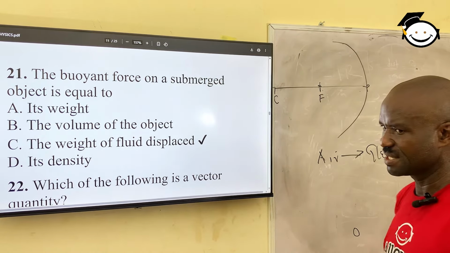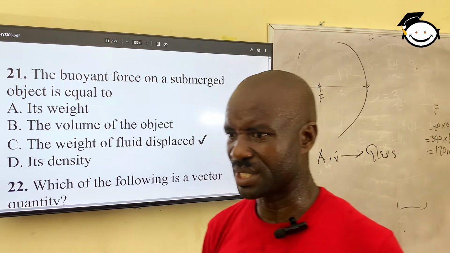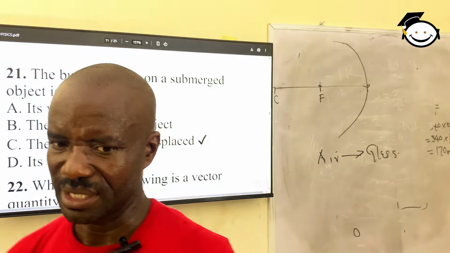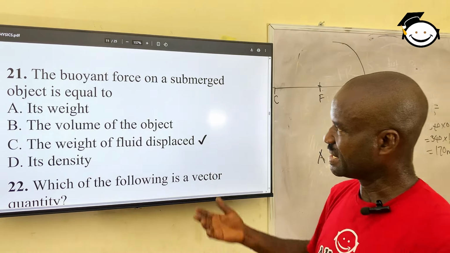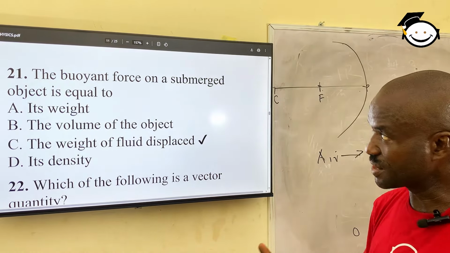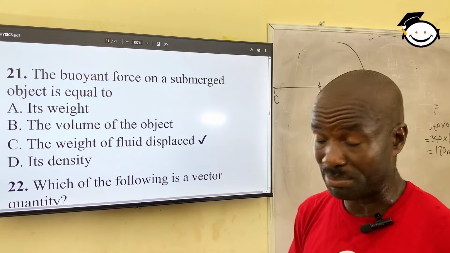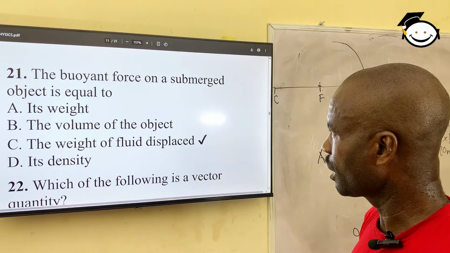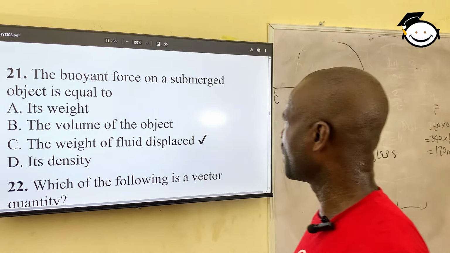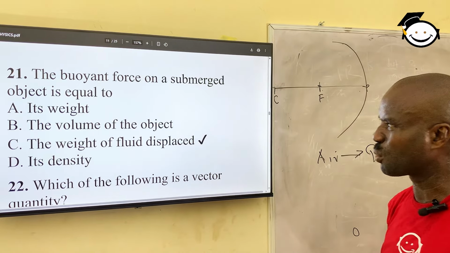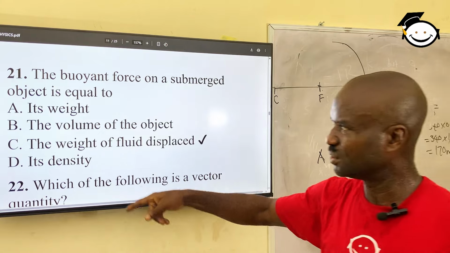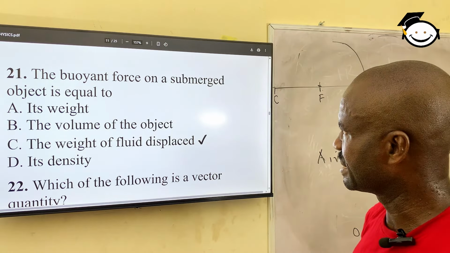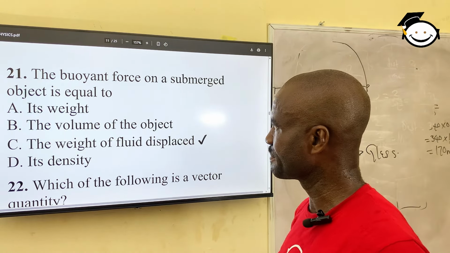For instance, a ship is able to sail in an ocean because of the weight of the water being displaced. So the buoyancy force on the submerged object is equal to its weight? Does the weight of the ship equal that of the submerged object?